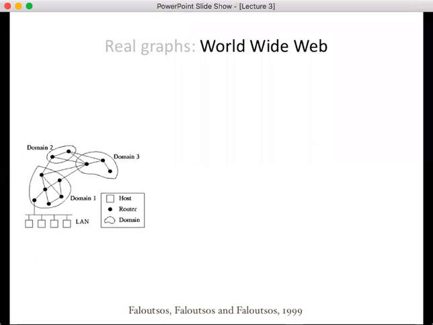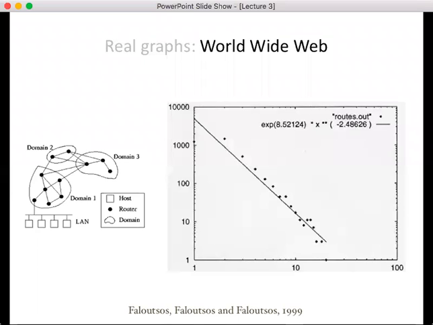But what they found was this. This was a long time ago, 20 years ago, but this has not qualitatively changed. What you can see here is that the degree of the servers in the World Wide Web is not a Gaussian.